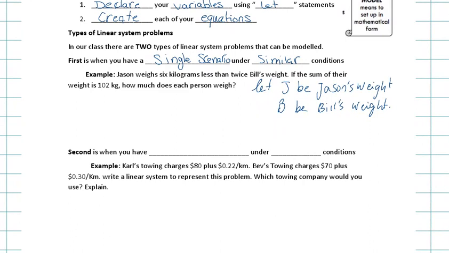So when I say Jason's weight is, how can I start writing that down? J equals, that's perfect. Would it be minus 6? Yeah, keep going. But it's 6 kilograms less than twice of Bill's, so it would be a 2 times 2B. Yeah, that's right. Because twice Bill's weight is 2 times Bill's weight. So 2B, right? So it's going to be J equals 2B and then minus 6 because it's 6 less than that.